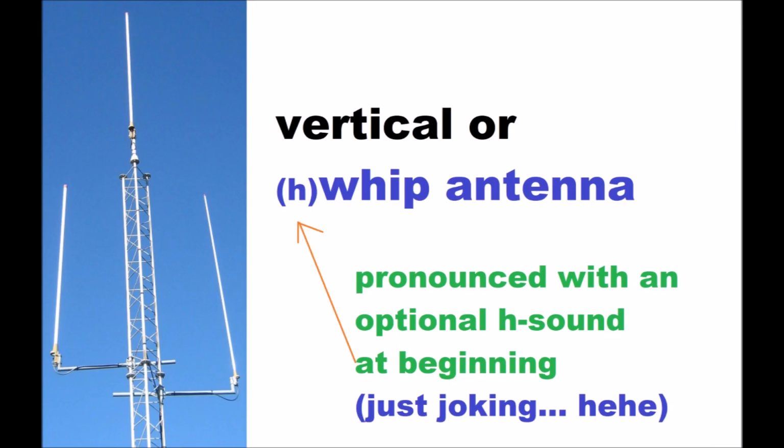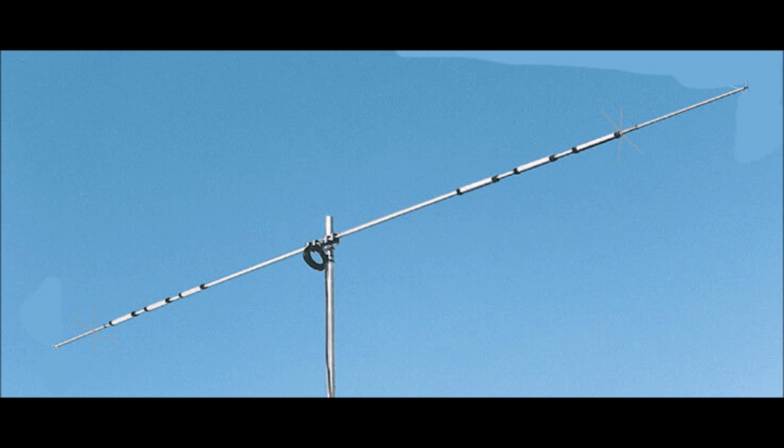A vertical antenna, or whip antenna, radiates in all directions horizontally, but sends less energy upward or downward. Similarly, a dipole antenna, oriented horizontally, sends little energy in direction vectors parallel to the conductor. This region is called the antenna null.